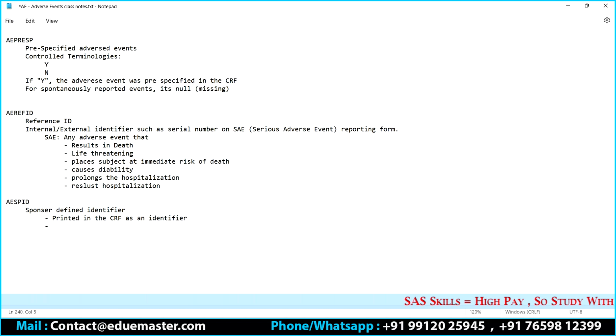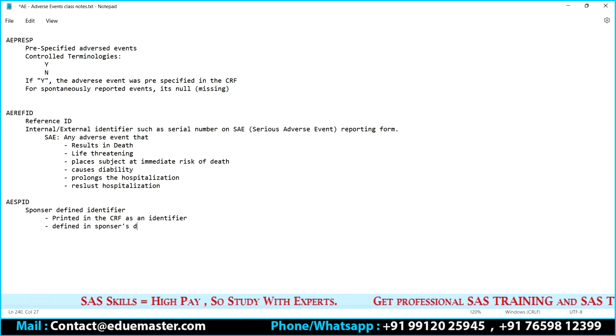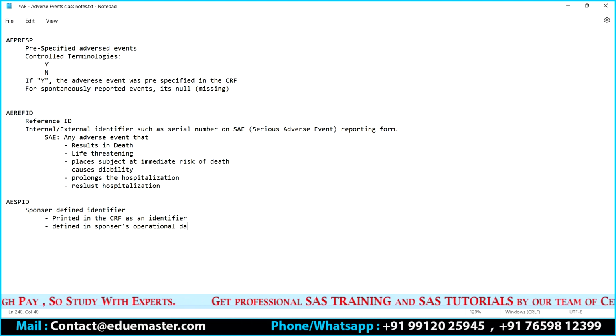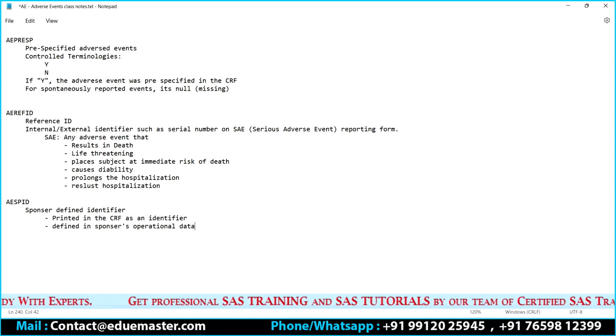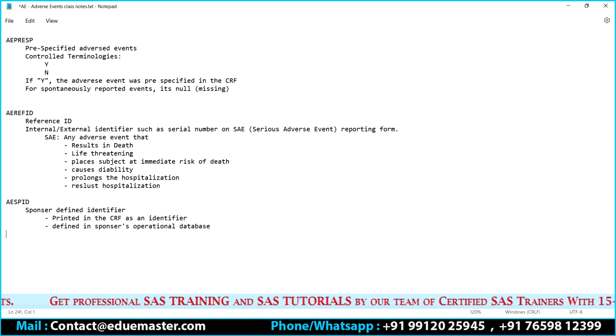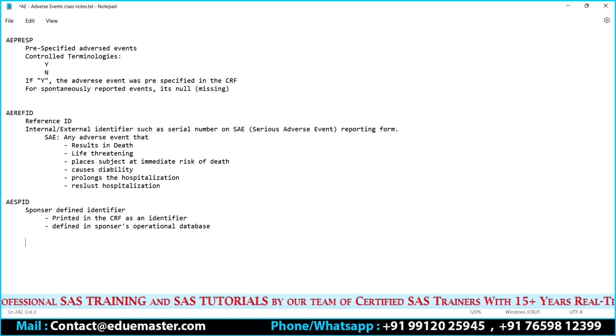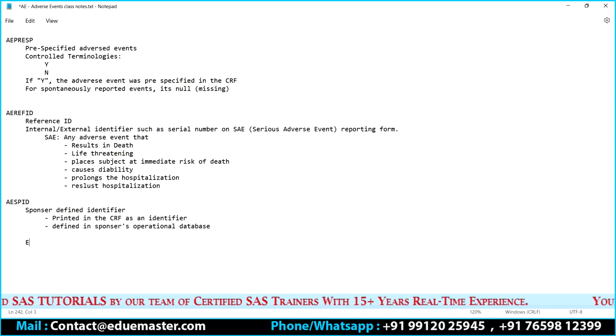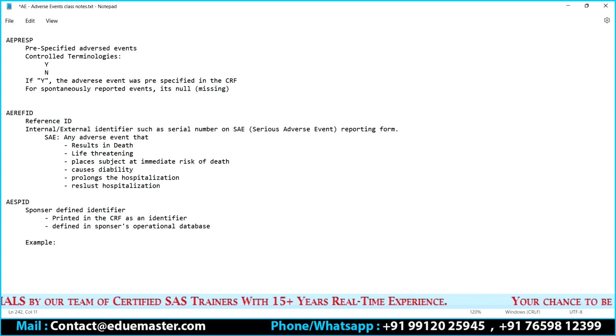Or it is also defined in the sponsor's database. So what database is it? Sponsor is going to maintain some operational database. In the operational database also it can be available. It will be defined in any of these places. Correct? So suppose someone asks you what is going to be the example, Murli, where can I find this?